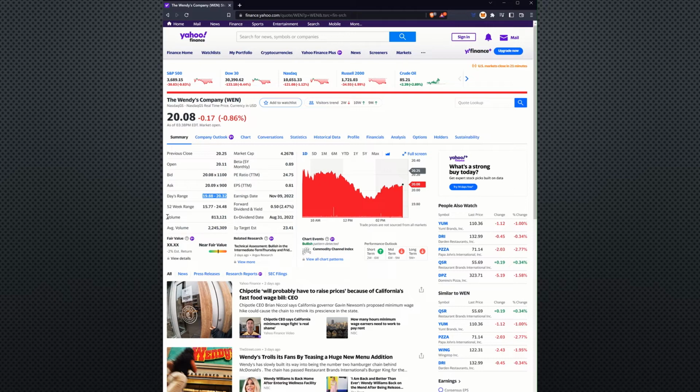And one more number I want to point out is volume. What does volume mean? It's the number of shares that have been traded today. So some of those shares are people buying stocks, and some of those shares are people who sold their portion.